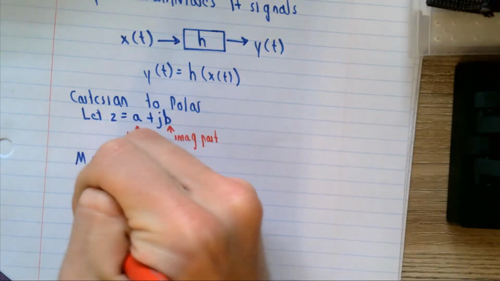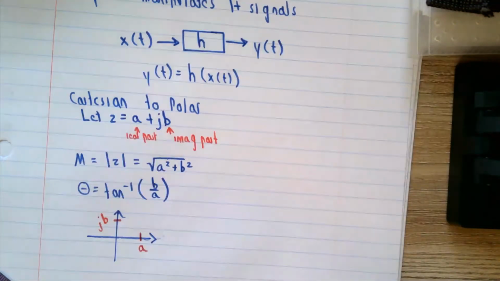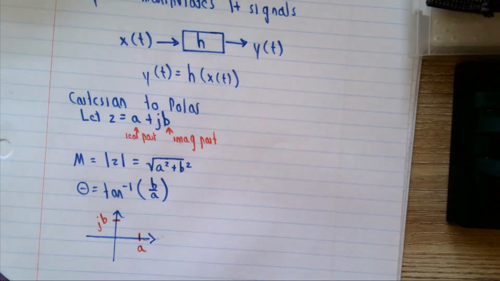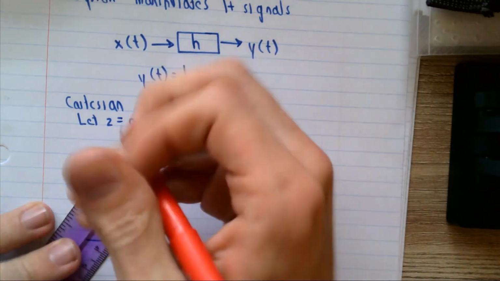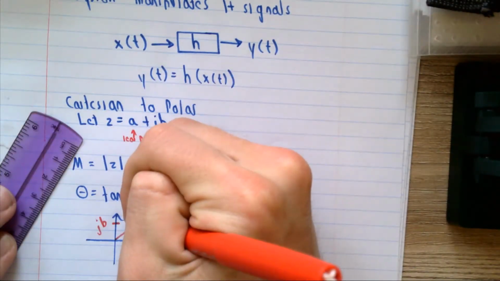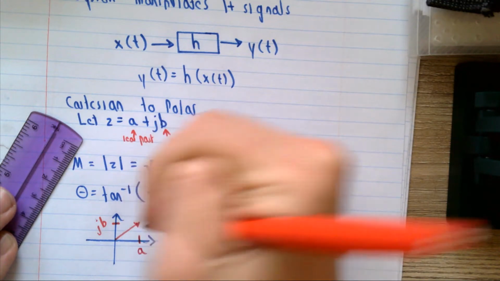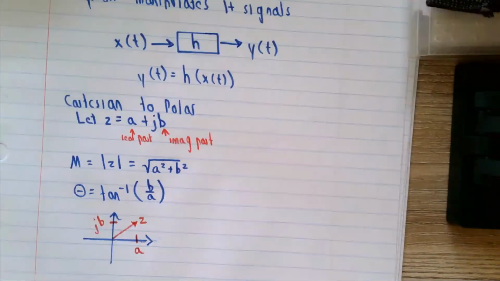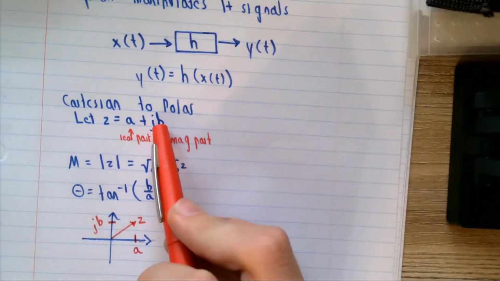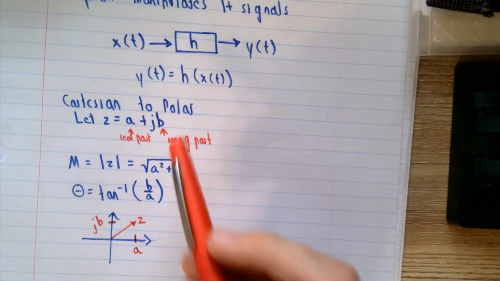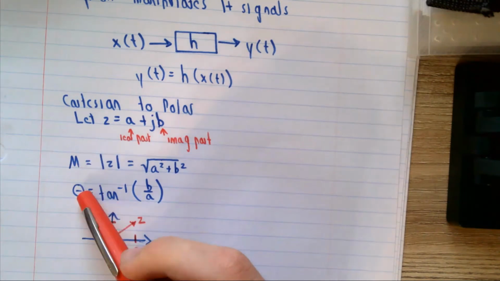And what that vector looks like here is, from the origin, you always start at the origin and you go to the point. And so this vector is z. That's what's representing the Cartesian coordinates. Then we find the magnitude and phase angle, because that's how you represent it in polar form.